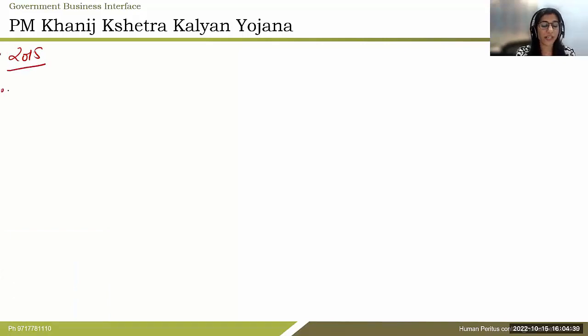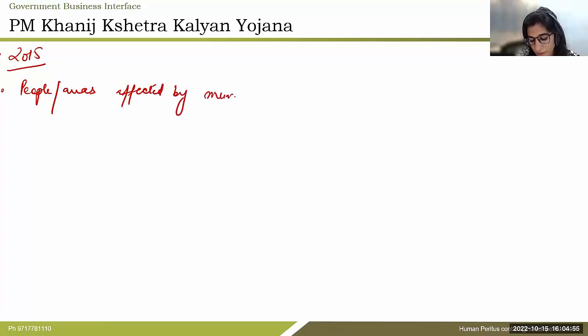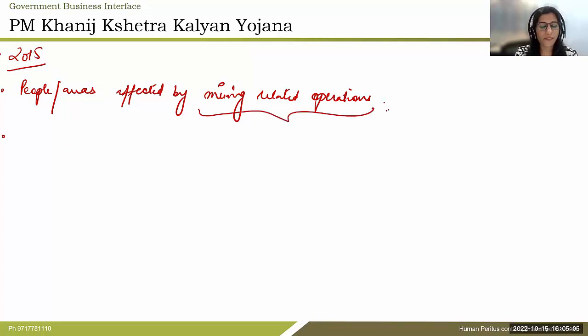And it was specifically for the welfare of the people and the areas which are affected by mining-related operations. So there are states such as Jharkhand and Chhattisgarh, and you can also consider Naxalism or left-wing extremism.